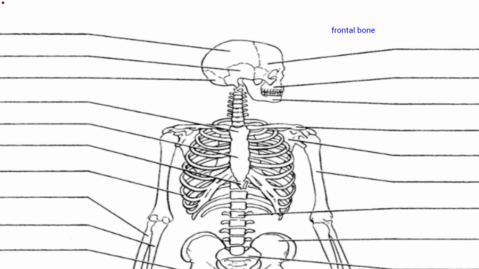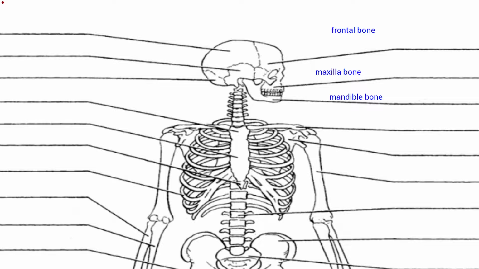This bone that makes up the bulk of the face is the maxilla. Then the jaw is the mandible. Notice I am saying bone along with the name because there'll be muscles that correspond with this as well. So you need to differentiate them.